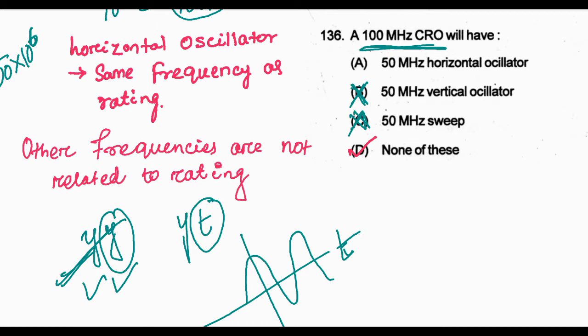In a digital oscilloscope this is possible, but in an analog oscilloscope the design is not robust enough to use it as a time or frequency measuring axis. So this is also not the correct answer. So here none of the above is the correct answer, that is option D.